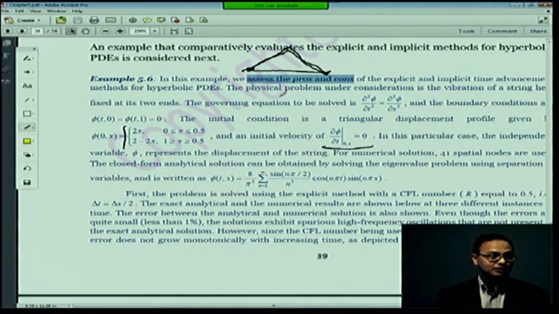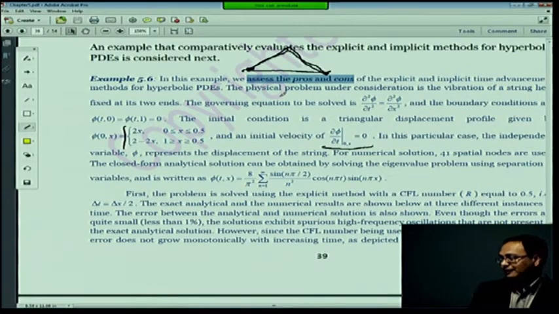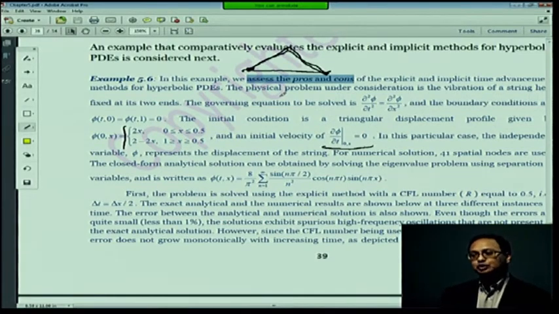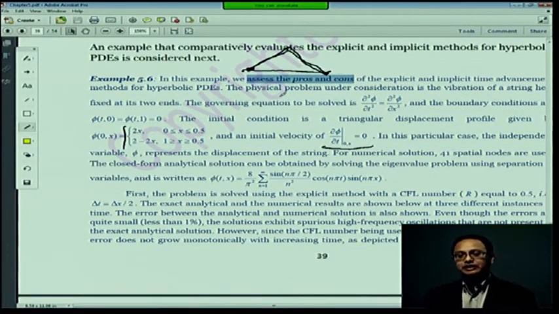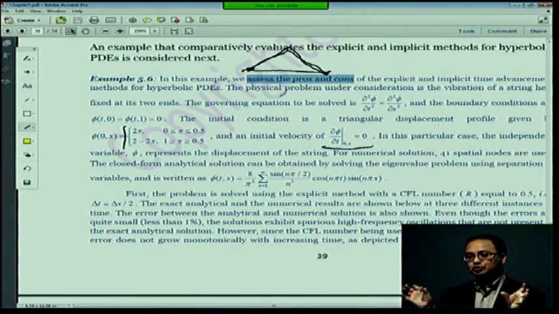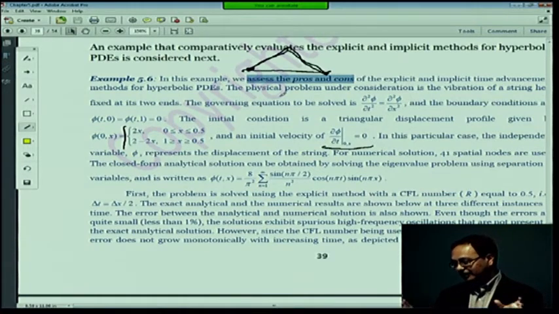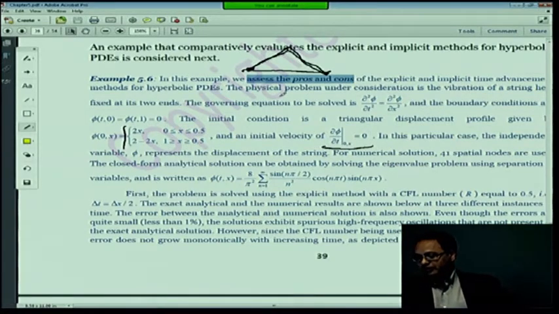There's this special transformation that you can do if you define a new variable, let's say x star, as x minus ct or x plus ct. You can basically superimpose two solutions and find that solution. That's how D'Alembert's principle works. You can derive this analytical solution. So the analytical solution, you can see there's a cosine function in t and a sine function in x.